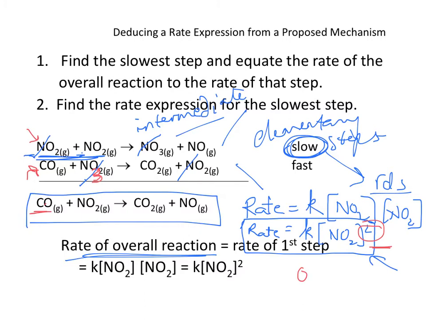Sound good? So realize, even though we did not have a rate expression to begin with, we were given an elementary step, we were able to deduce the rate expression, and hence we were able to determine the orders with respect to the two starting materials or two reactants that feature in the reaction, and hence we were able to determine the overall order of the reaction as well.